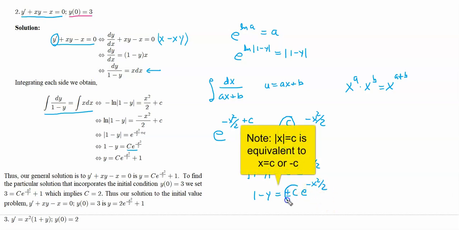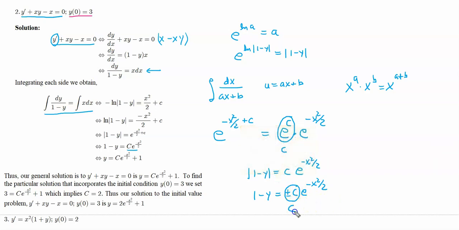But this plus or minus, we can just call that a new constant c. So you end up with this equation right here. We just absorbed the absolute value into the arbitrary constant.